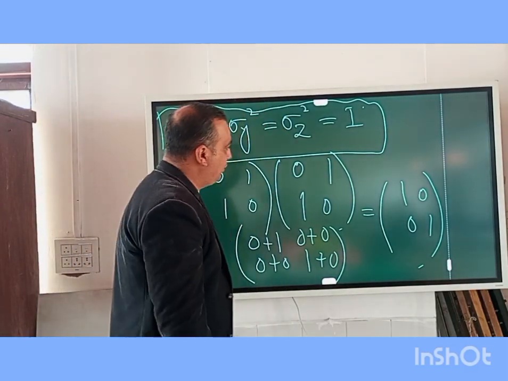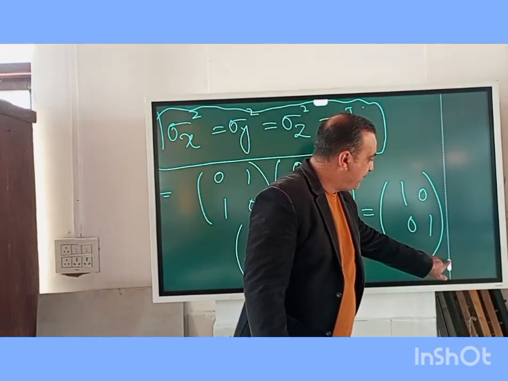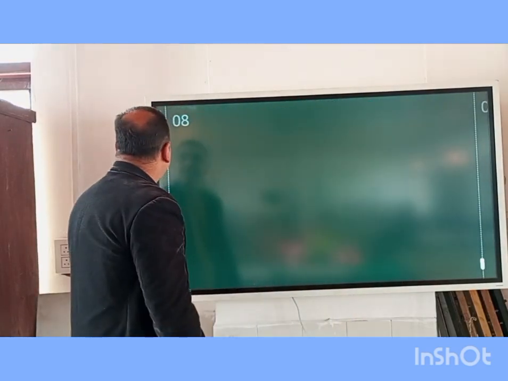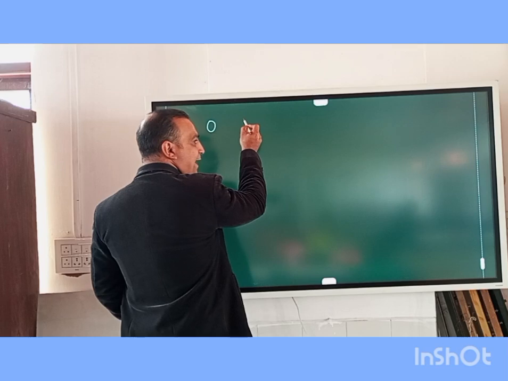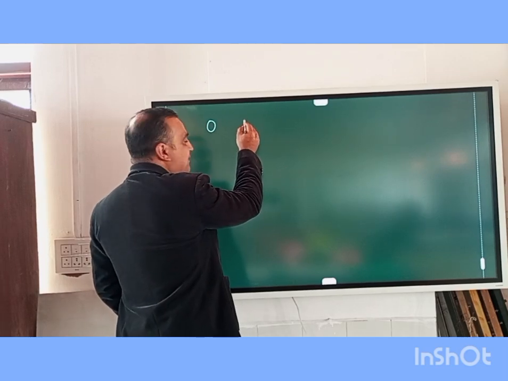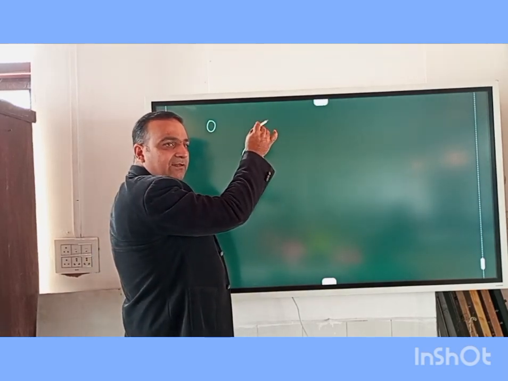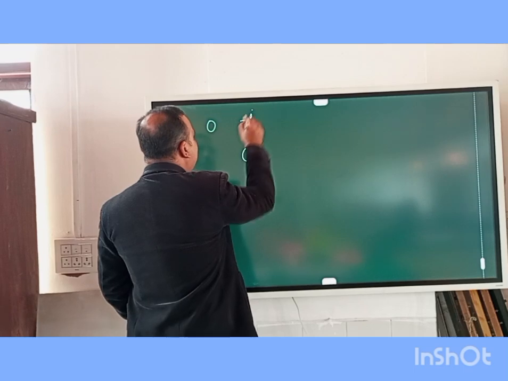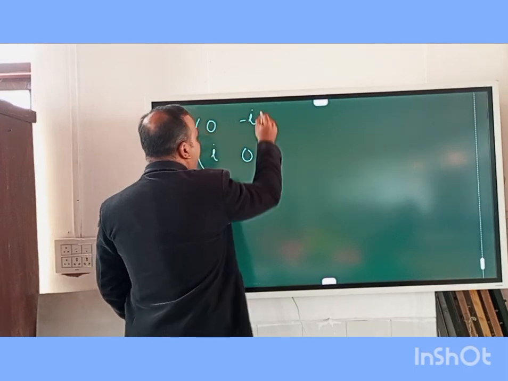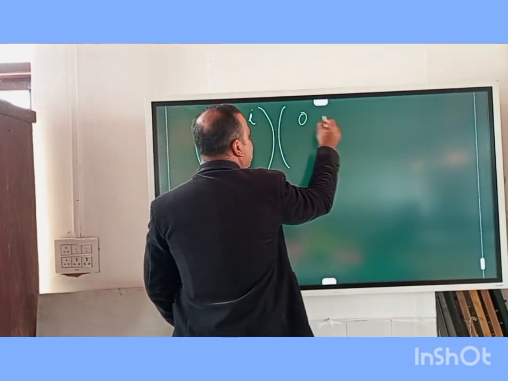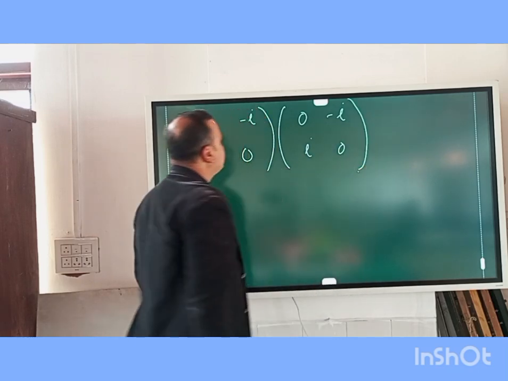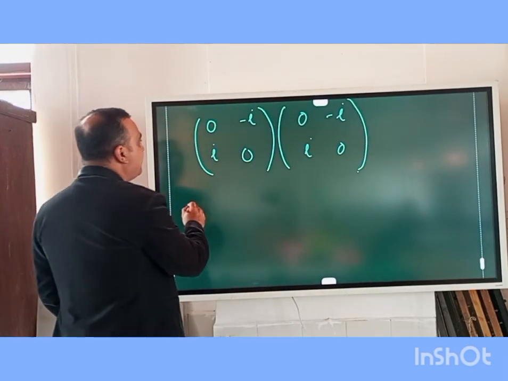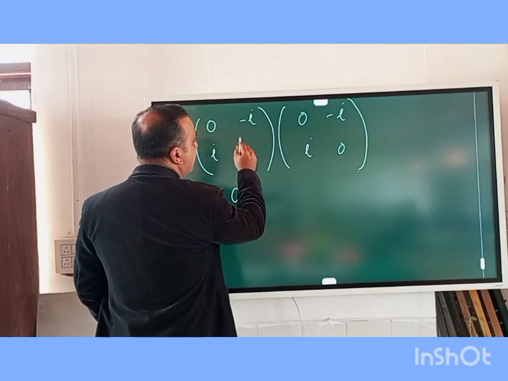So let's see what happens with sigma y. Will you please tell me what is sigma y? It is 0, minus i, i, 0, and we multiply it by itself. So this is 0.